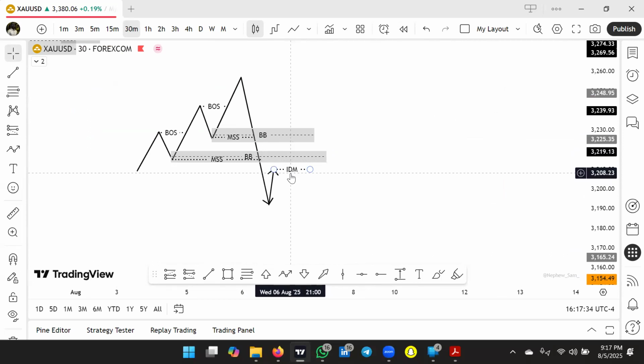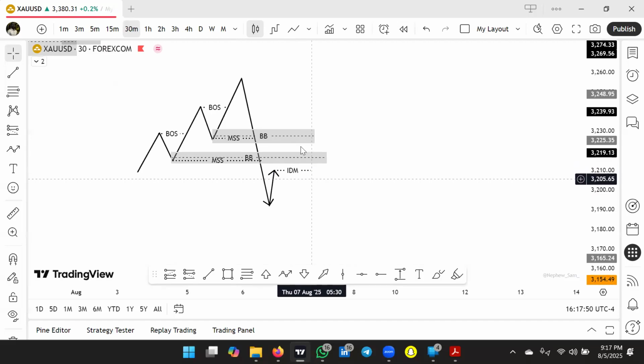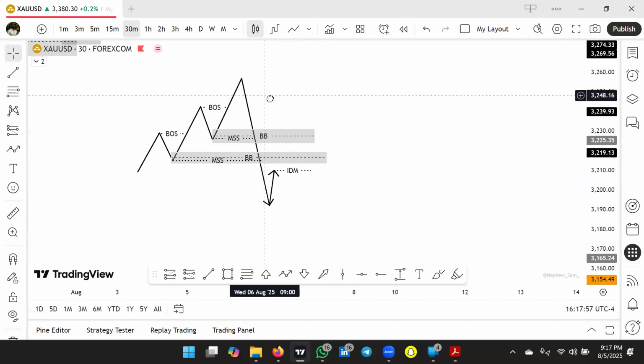And the last thing, choose the points of interest close to your inducement or liquidity zone. So these are the four rules you should always take note of if you want to choose a valid point of interest. If these four things check out, then that point of interest is going to be a valid point of interest. Now I'm going to show you on a live chart how this works.